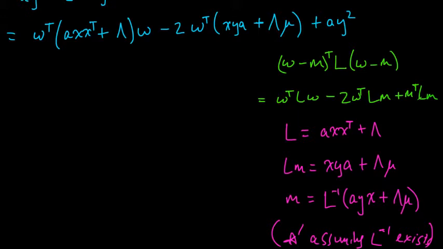Okay, so what do we get though? We want to get this equal to this plus a constant in w and y. So let's try to get that. We can plug in what we've got so far. We've got w transpose L w minus 2 w transpose LM.